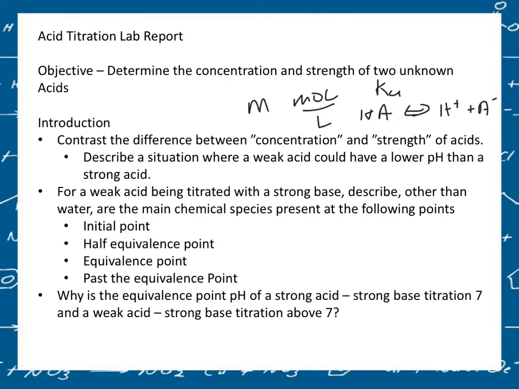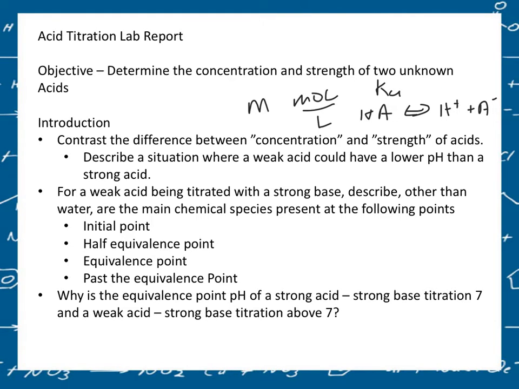Whereas if I have a very concentrated weak acid, my pH is going to be somewhat less than 7, because even if the Ka is very small, if I put enough of this in there, it's going to drive the reaction to the right and produce a significant amount of proton, giving us a low pH.